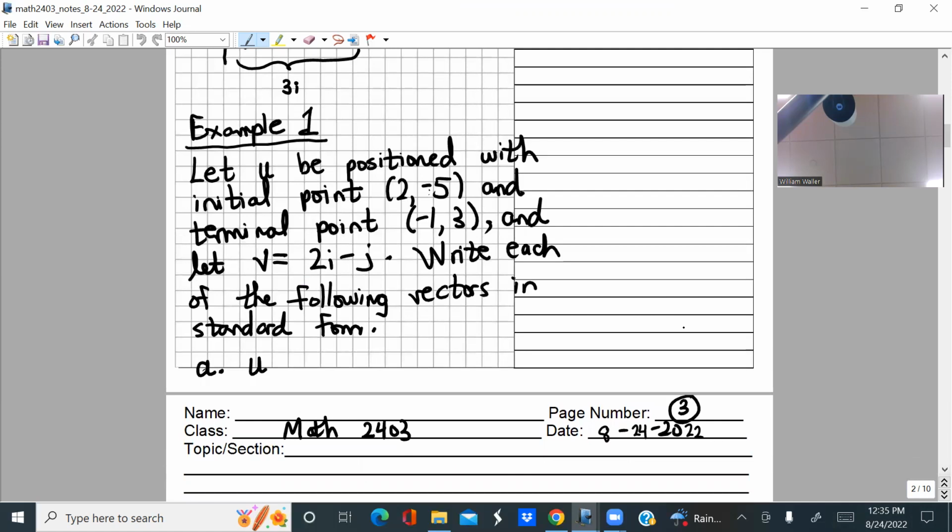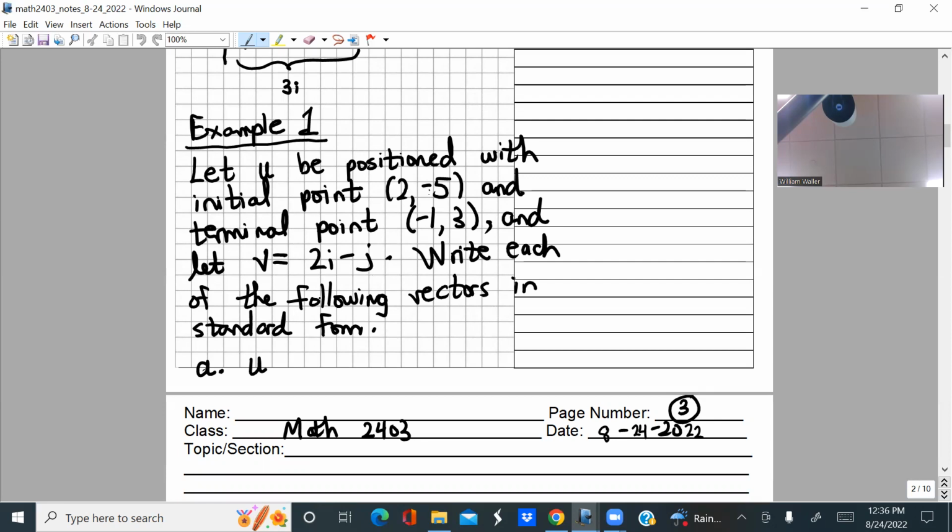So let's see. Suppose we have a vector u, and its initial point is 2 and minus 5, and its terminal point is minus 1 and 3. And then suppose we have another vector, and this vector is 2i minus j. So this vector is written in standard form.